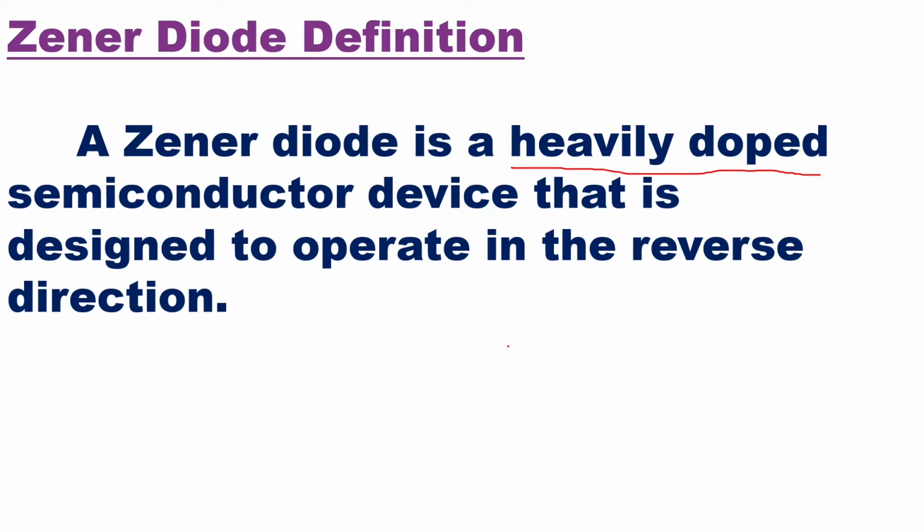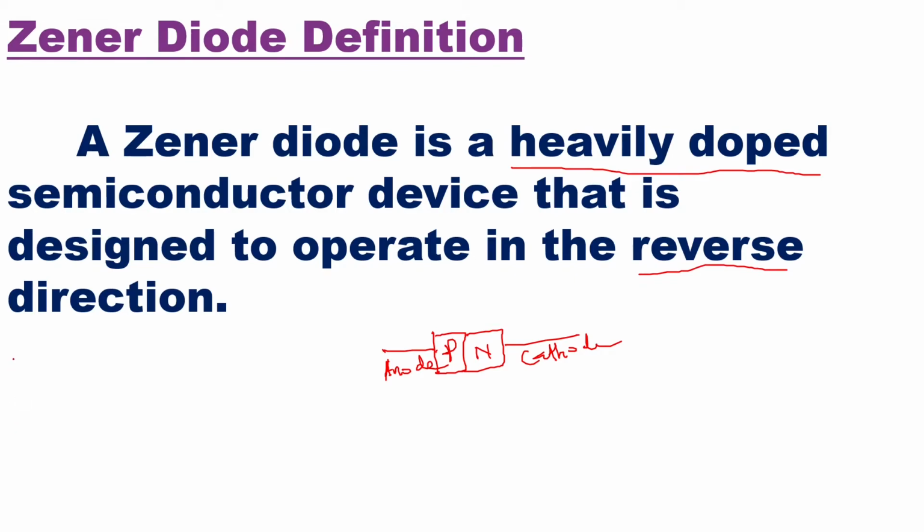Even this Zener diode will structure-wise be p-type material and n-type material only. Only thing, the p and n type material will be very heavily doped. Here you can have your anode and here you can have your cathode. It will also allow the current to flow in one direction only, but a Zener diode is specially operated in the reverse direction.